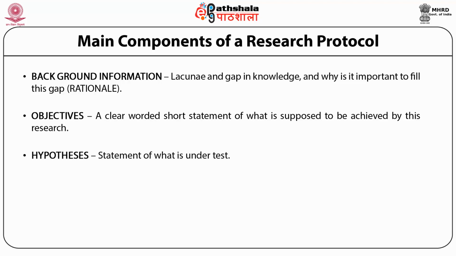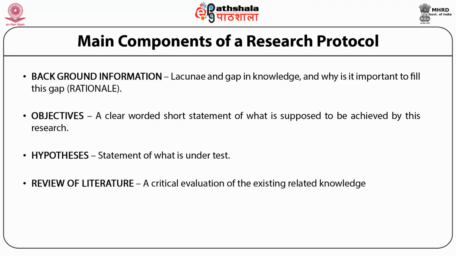Hypothesis is the third thing which you should have. It is a particular, definite statement about the objectives which is under test or study. Then further, to achieve all this, we should have enough knowledge. That means we should review the literature. Critical evaluation of the existing related knowledge should be there.